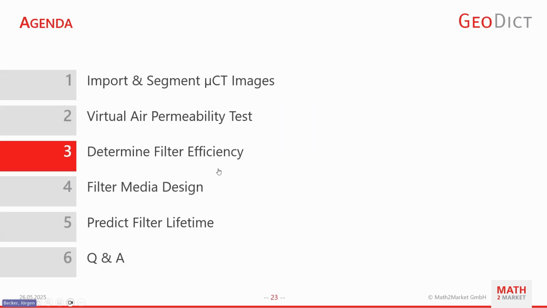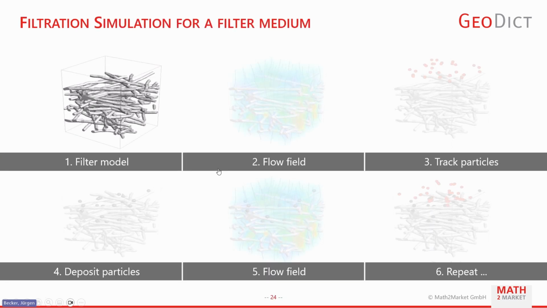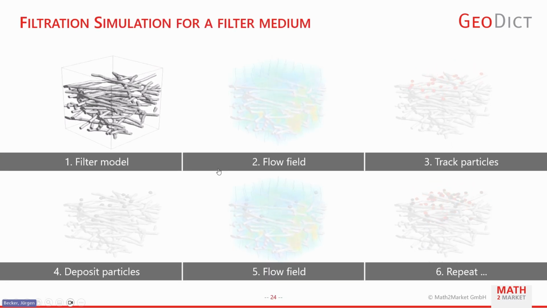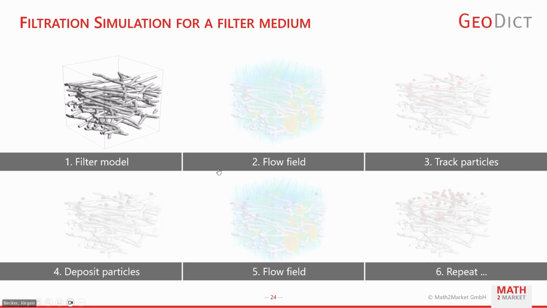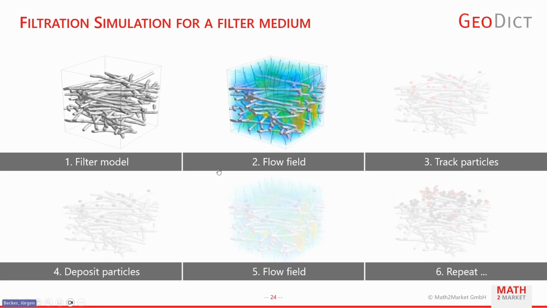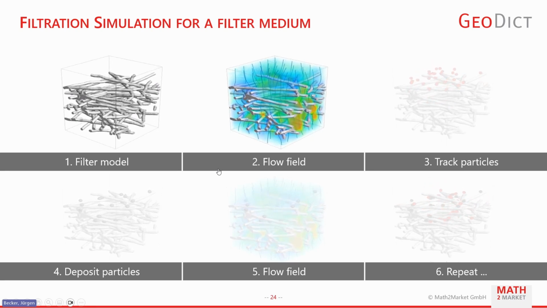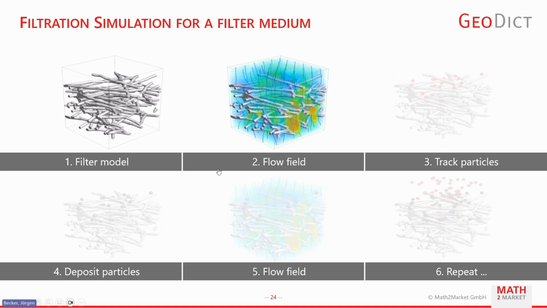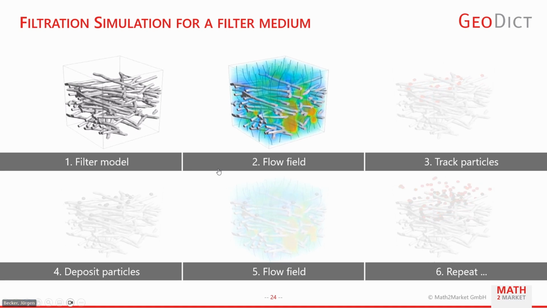As a next step, we want to determine the filter efficiency of this sample. So what is the concept behind the efficiency simulation? Again, we will take our filter model, and GeoDict will compute the flow through the media, as we have done for the virtual air permeability test.